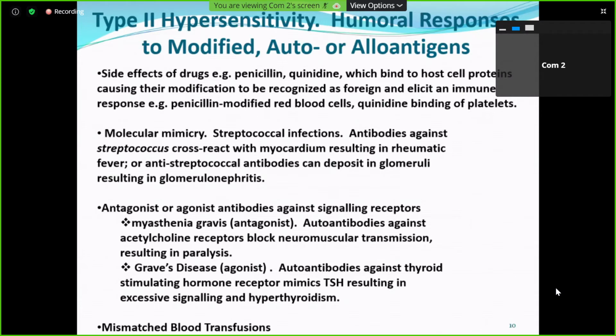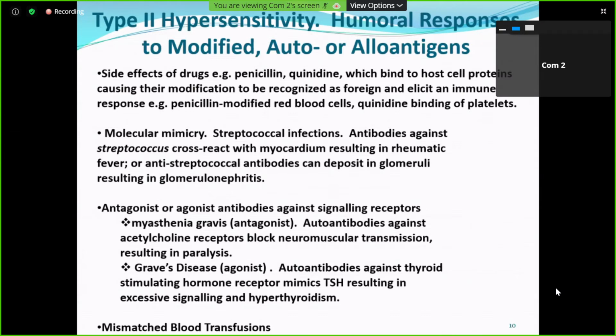Basically, the general rule is that type 2 hypersensitivity reflects an antibody-mediated response against fixed tissue or fixed cell antigens. So these are antigens immobilized on the surface of, say, blood vessels or various cells, where antibodies are binding to them.